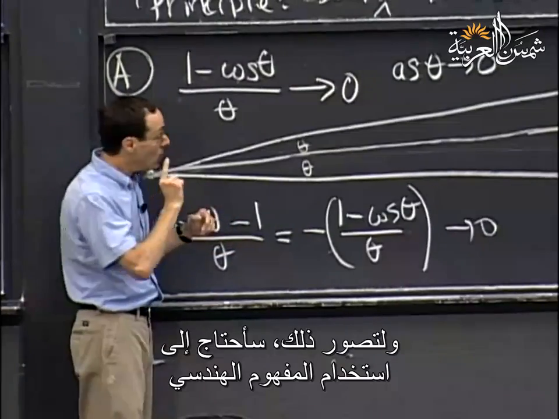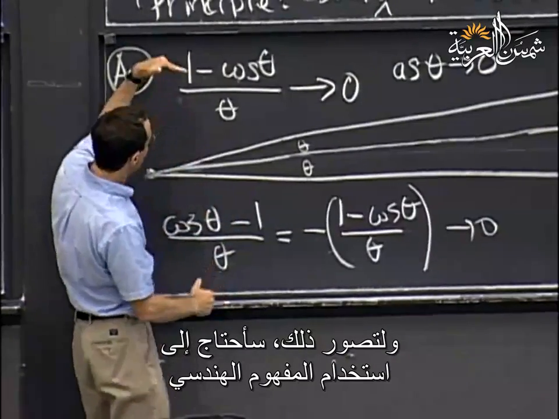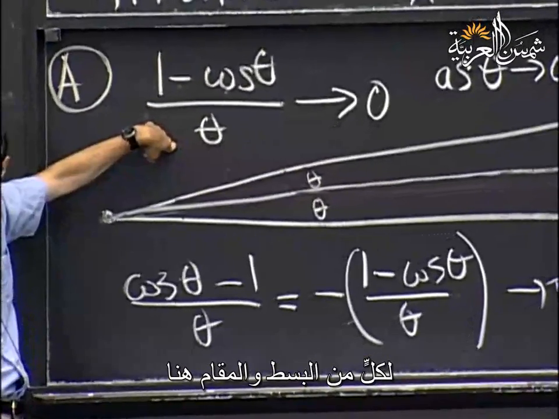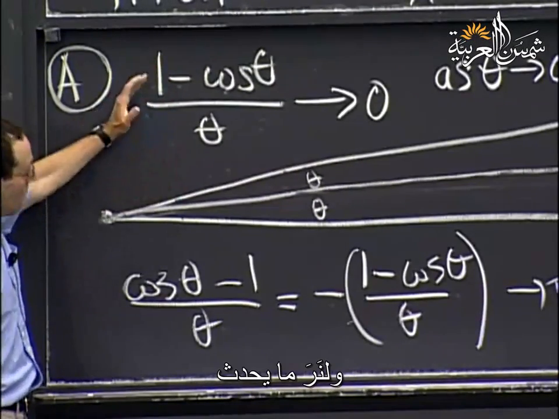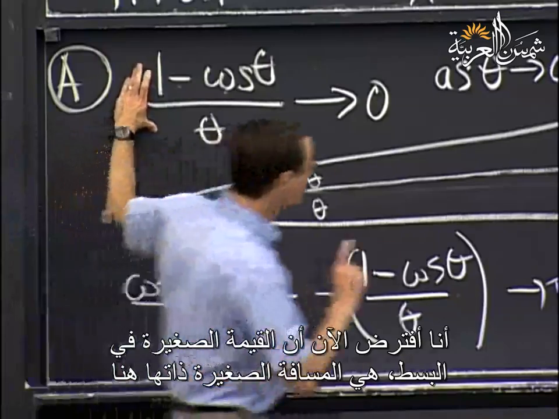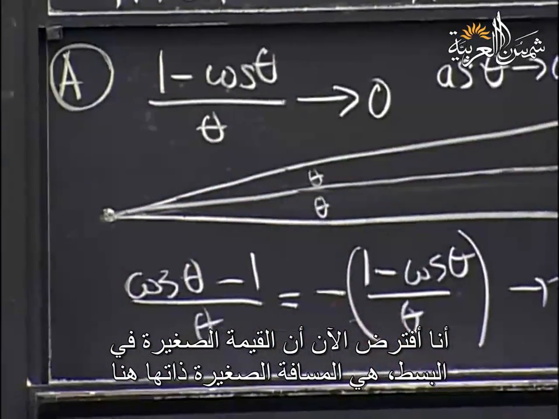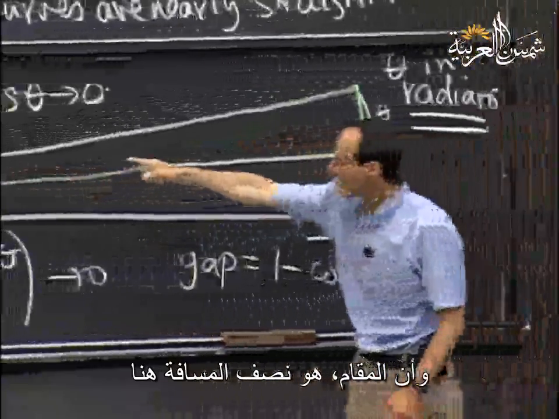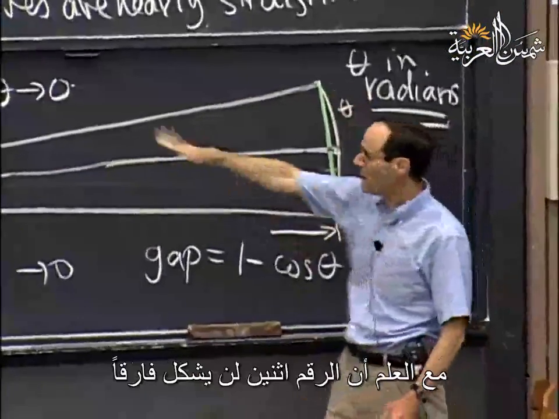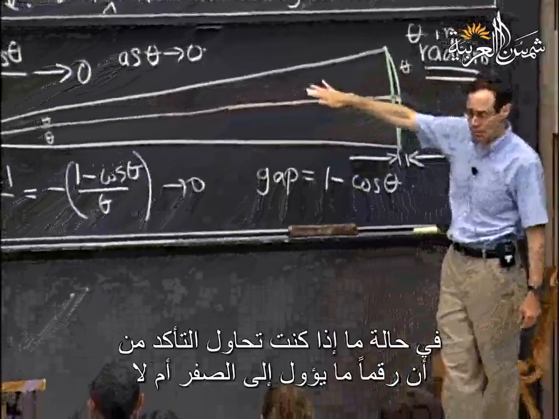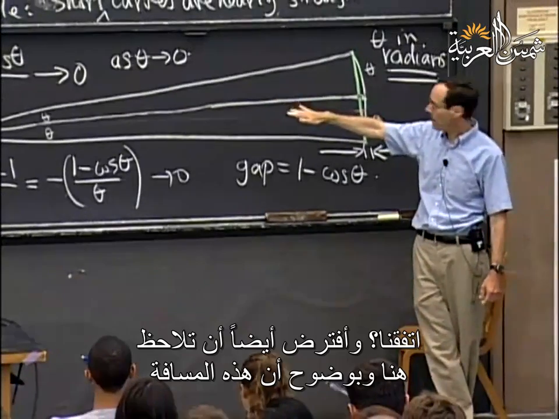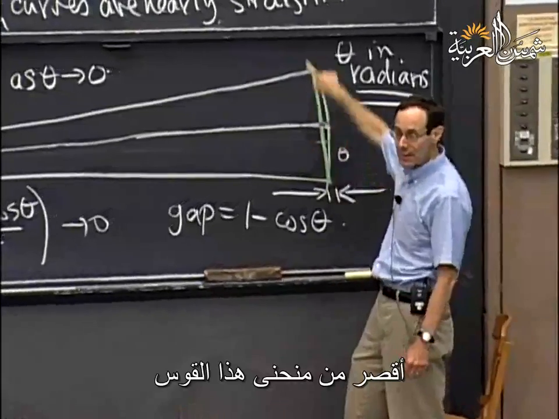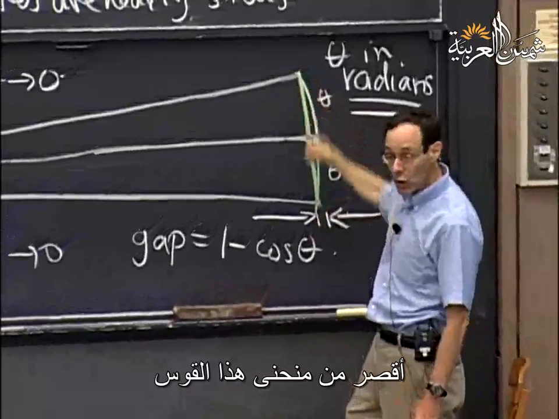Now, when I imagine that, I have to imagine a geometric interpretation of both the numerator and the denominator of this quantity here, and just see what happens. I claim the numerator is this little tiny bit over here. And the denominator is half of this whole length here, but a factor of 2 doesn't matter when you're seeing whether something tends to 0 or not. And I claim if you stare at this, it's clear that this is much shorter than that vertical curve there.